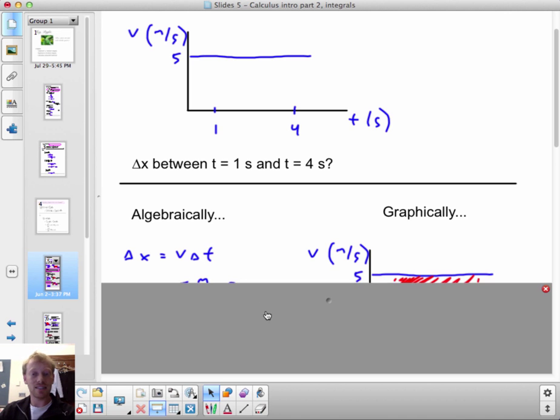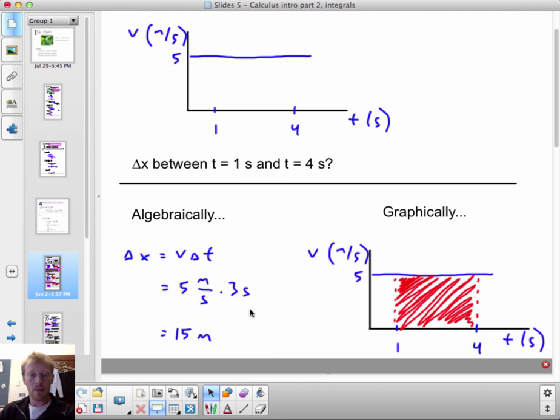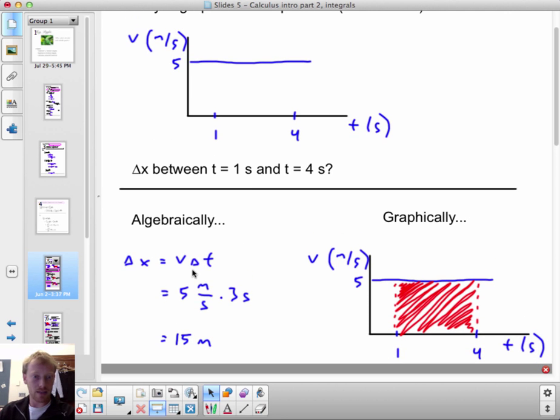Delta x is v delta t. Let's see, v is 5 meters per second, and delta t here is 3 elapsed seconds, so 15 meters. And I'd like to show you that the graphical analog of that is the area of this red rectangle, which has a base of 3 seconds and a height of 5 meters per second.